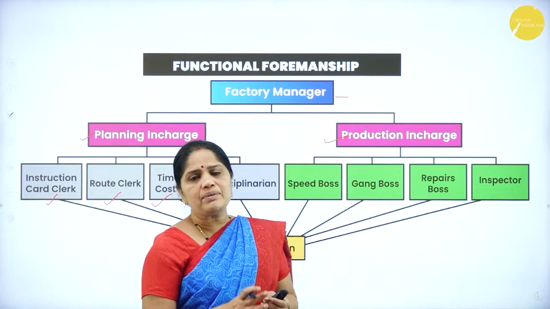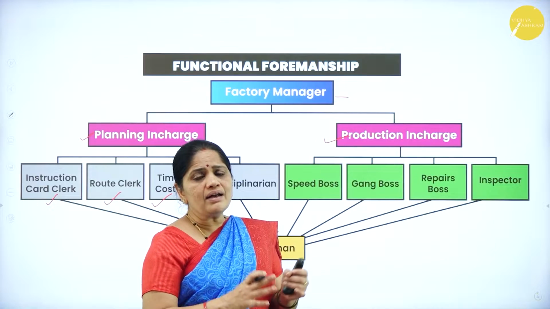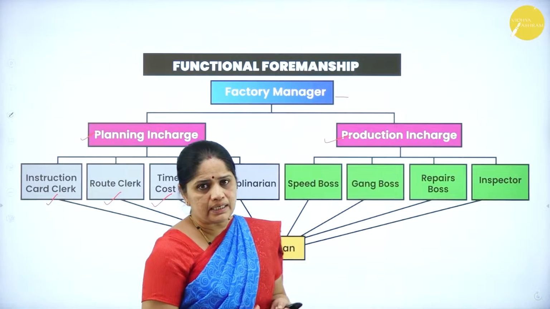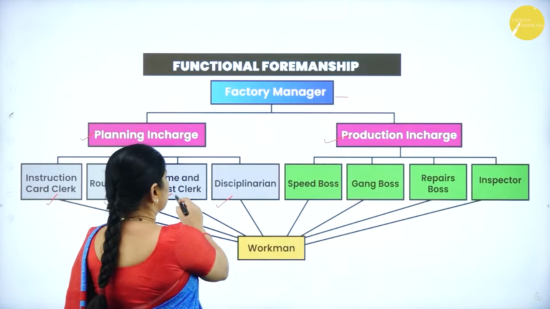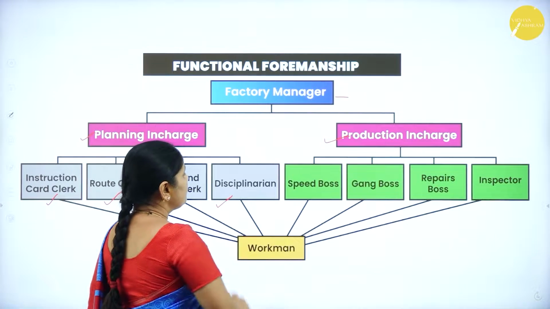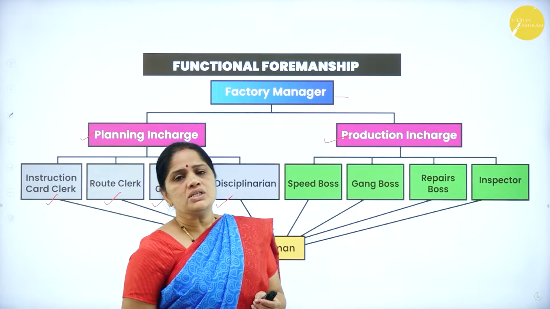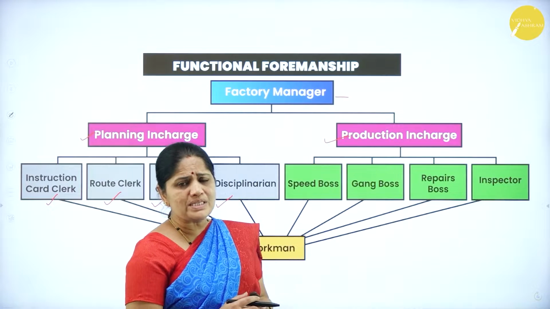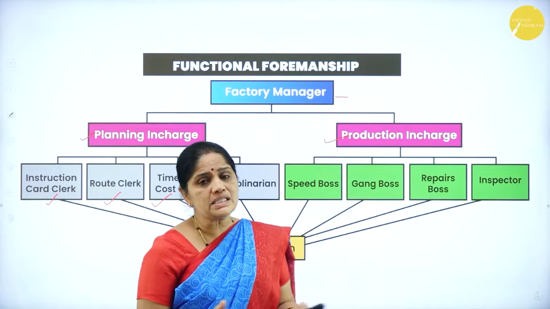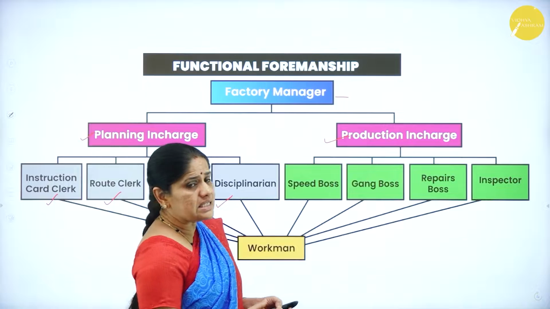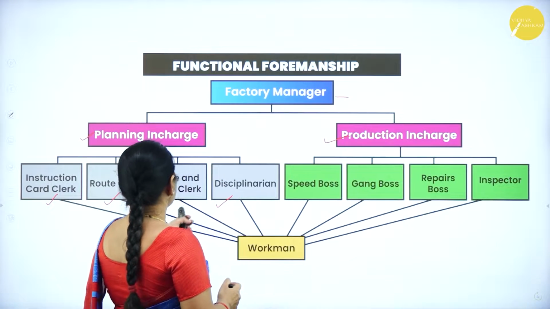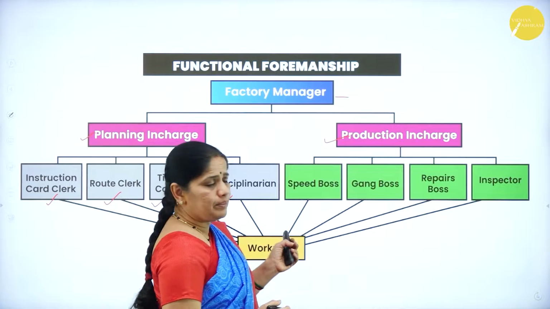What is the time involved for each job and what is the amount of resources needed? All that will be decided by the time and cost clerk. And fourthly, the disciplinarian. The disciplinarian is the person who is overall in charge of all these activities. He oversees all the work of the other three persons.